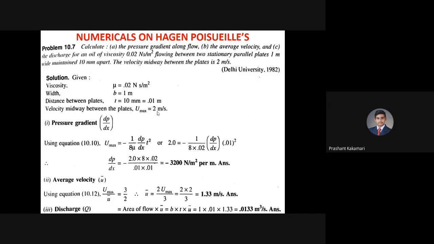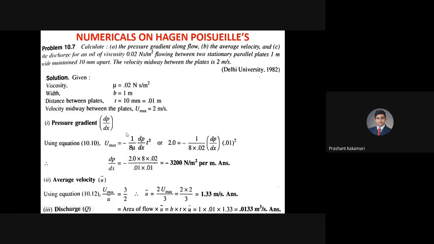Now taking all these details, in the problem they are asking for 3 components. First is the pressure gradient. Then we have to find the average velocity; average velocity is not given here, only Umax is given, so you need to find the average velocity. Also, we have to find the discharge of oil.